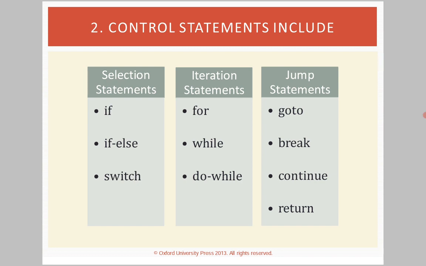These statements or commands are used to test a given condition, whether it is true or false. If the given condition is true, then a set of statements is executed, else if the condition is false, then another set of statements is executed. So if, if else, switch are called conditional statements.